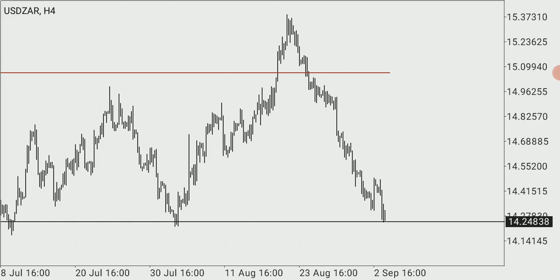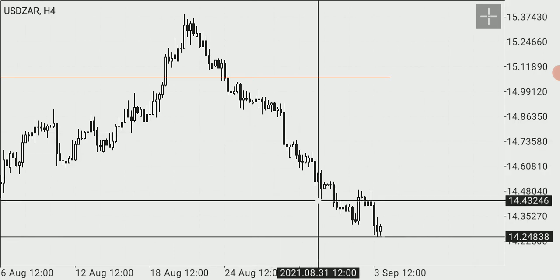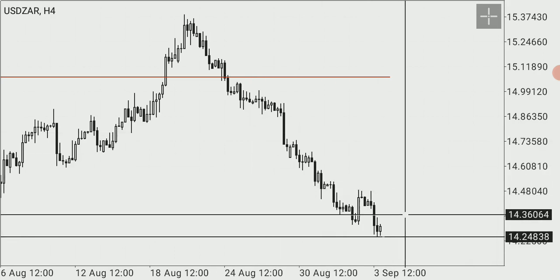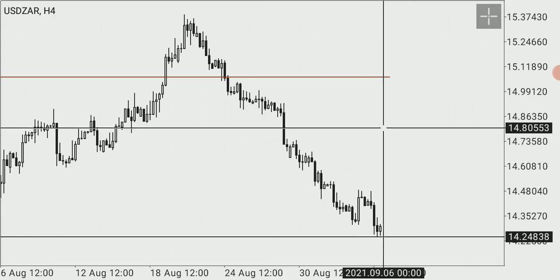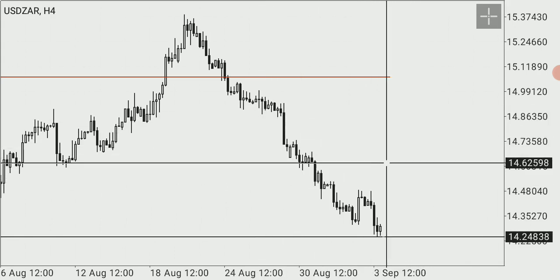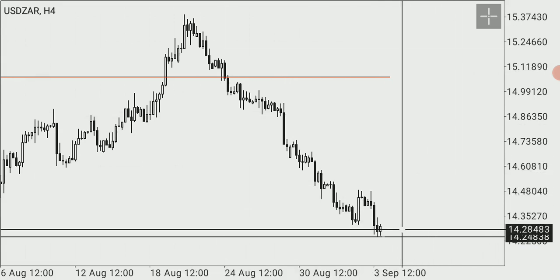But once it does not follow our biases, then we know when to change hand. Okay, so just like this one we just did, if it comes here and trades above this, not just a cut like this, no, we don't want to trade and close above this, then of course we'll be looking for this pair to go higher. But for now, we are going to follow the bearish tendency.